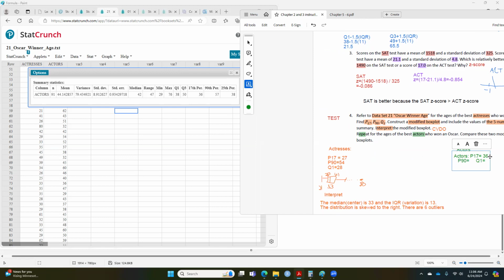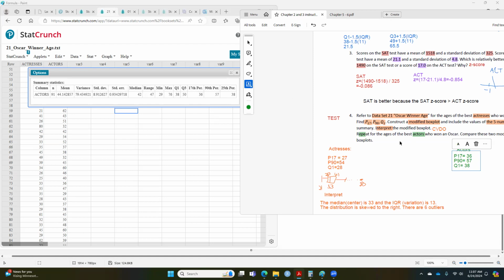The 90th percentile in this case is 57. And the first quartile in this case is 38. You find out that the first quartile and the 25th percentile are the same. Okay, so this is how you figure out the percentile here. Questions, anyone for me?